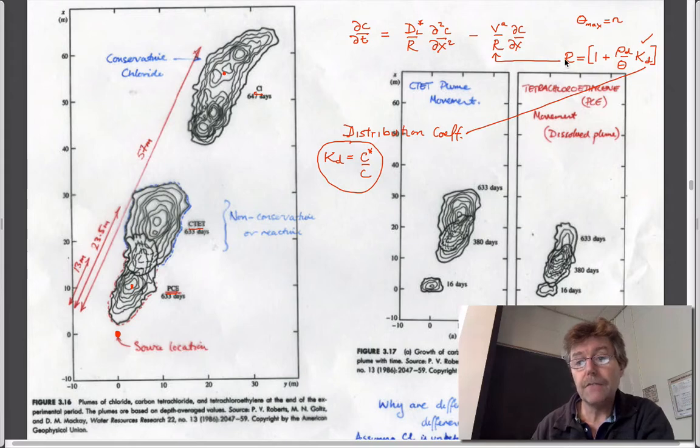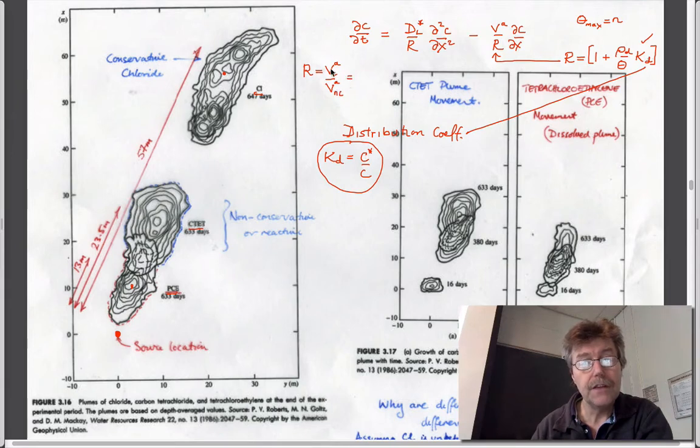Or we could actually get it from a field test, because the retardation in a physical sense is also equal to the advective velocity of the conservative species divided by the advective velocity of the non-conservative species.